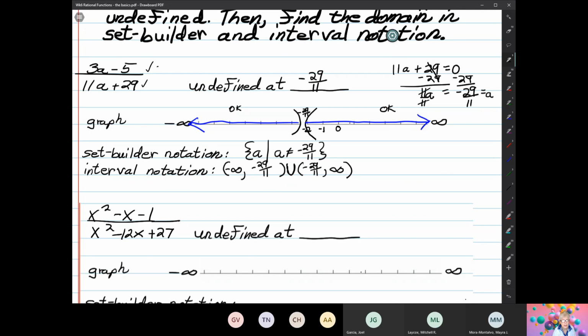That is, all the numbers over here are okay, all the numbers over here are okay, but not negative 29 over 11. Then we wrote this in set builder notation, which is squiggle, squiggle, all A, such that A cannot equal negative 29 over 11. That's what it says. And interval notation, which is grouping the left group of numbers together and grouping the right group of numbers together, and then putting them together with a U.